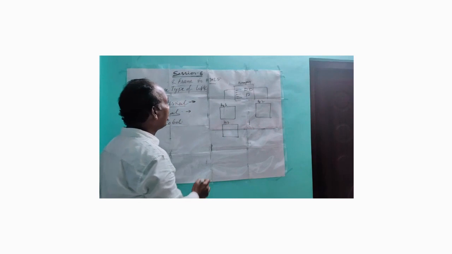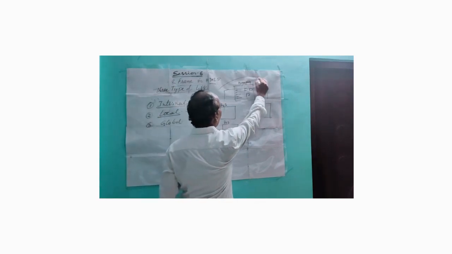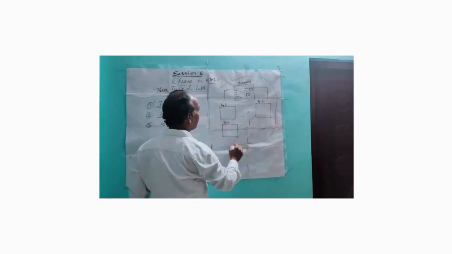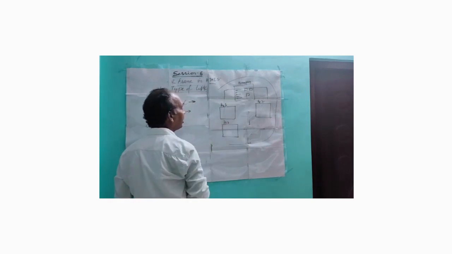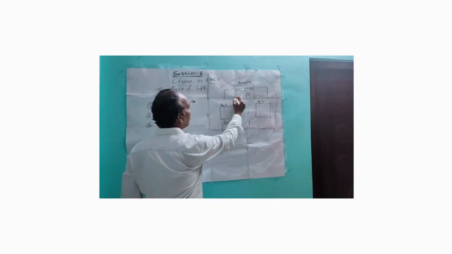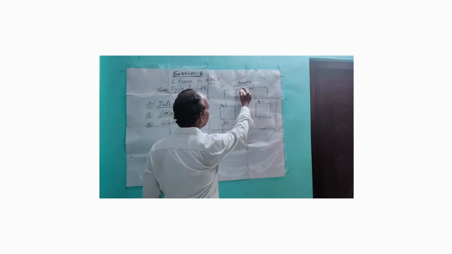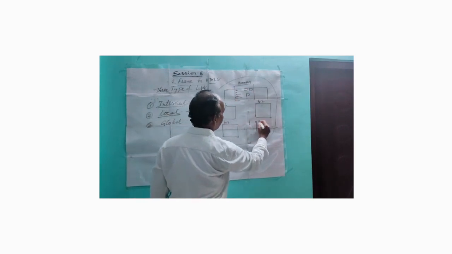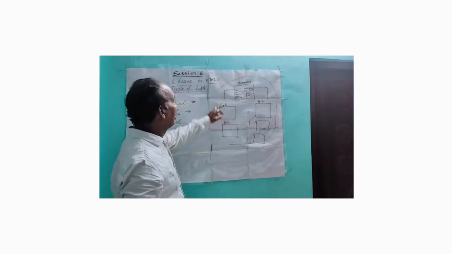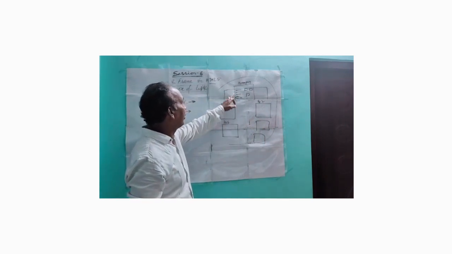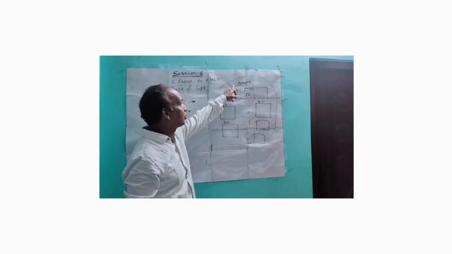See, one thing here: there are pages 1, 2, 3, 4, 5, and including the home page, 6 web pages are there.